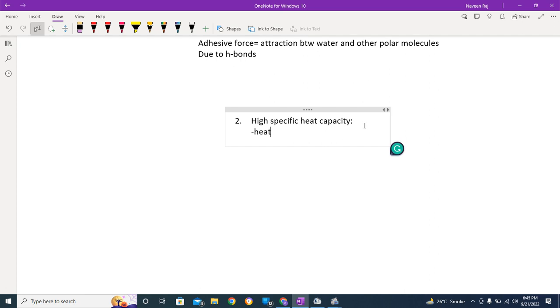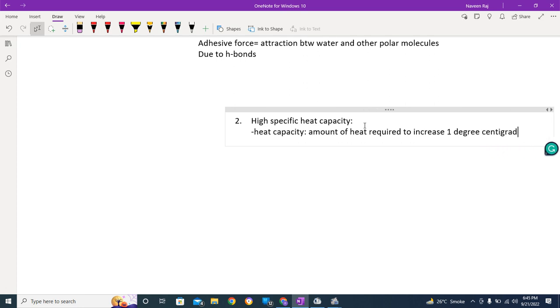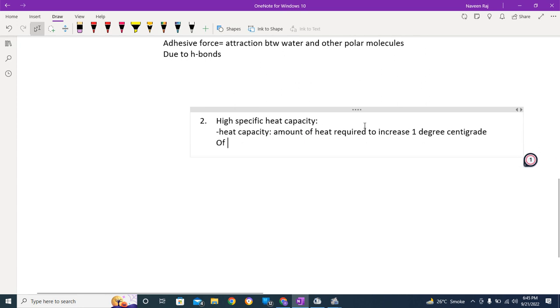Heat capacity: the amount of heat required to increase one degree centigrade of any substance is called its heat capacity.